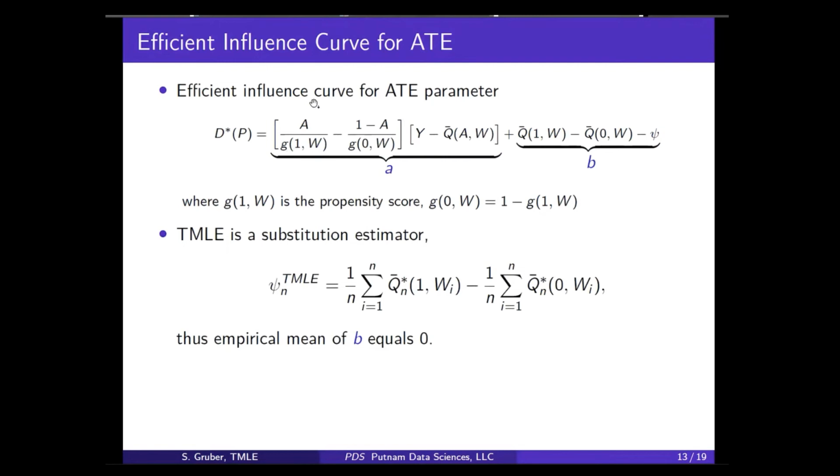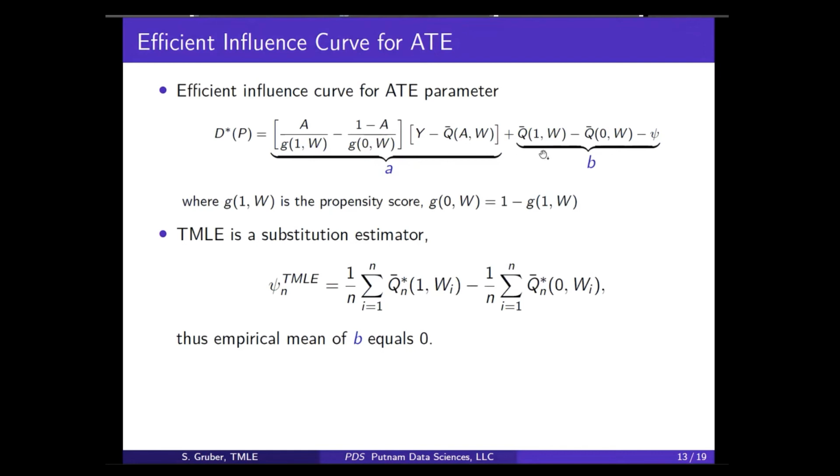If you're treated, this part inside the braces is 1 over the propensity score, so it's like an inverse probability weight. And if you're in the comparator group, it's 1 over 1 minus the propensity score. So again, it's the inverse probability of seeing what you were treated with, only it's got a minus sign in front of it. So that's what this part is. It's sort of an inverse probability weight multiplied by the residual. That's the part that I'm calling A.